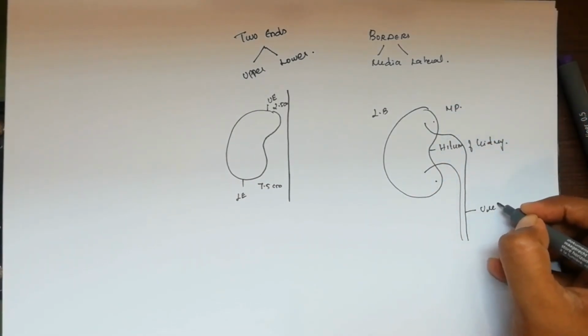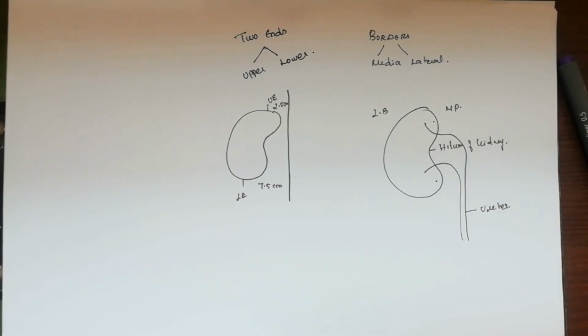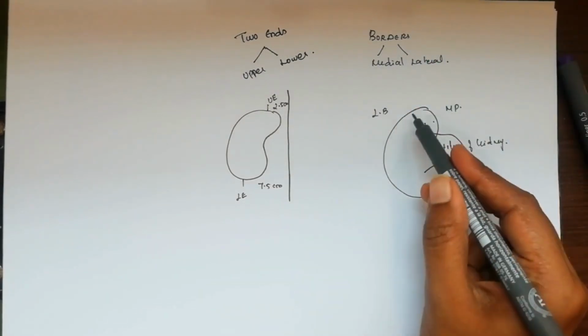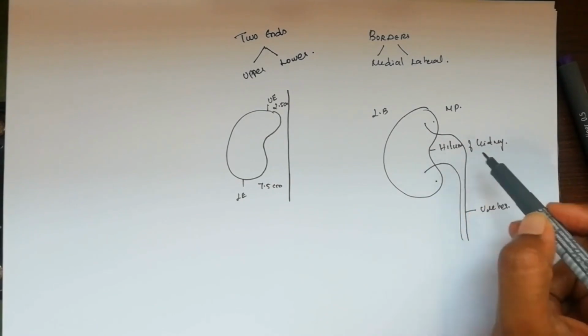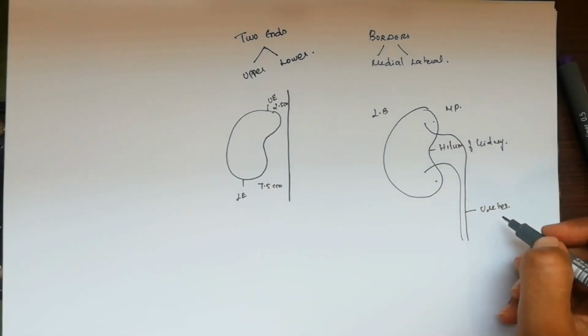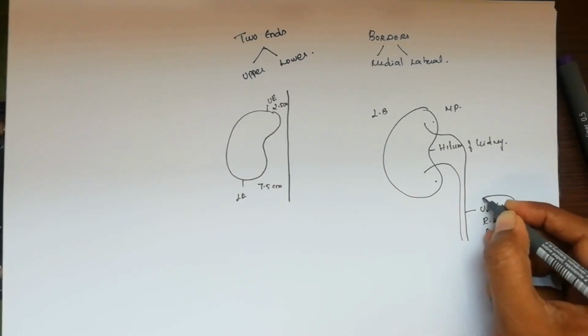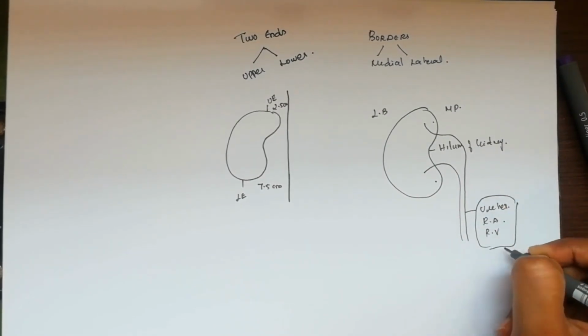So we have got ureter over here along with some artery and vein, that is renal artery and renal vein. About the renal artery and renal vein we will get to see in detail. Now you just understand we have got medial border and lateral border. Lateral border is convex, medial border we have got hilum of kidney with three structures, ureter, renal artery and renal vein. So these are the structures seen in the hilum of kidney.